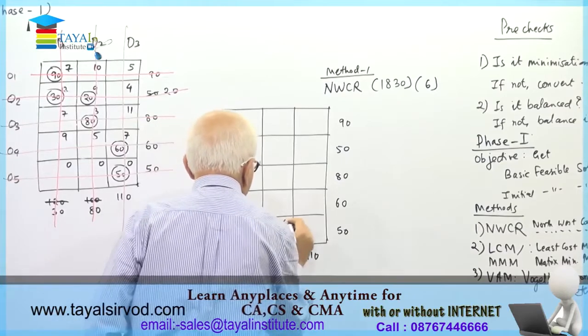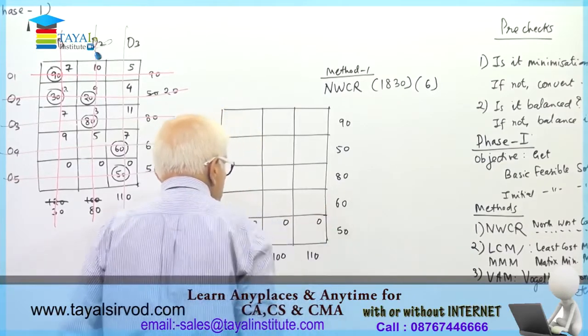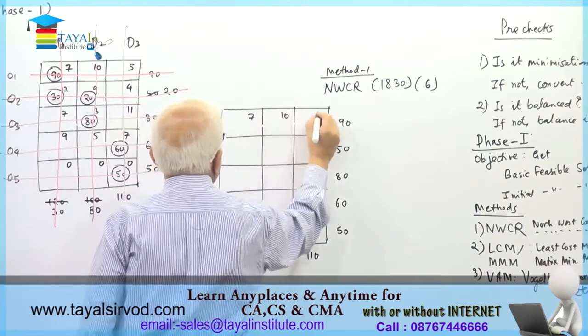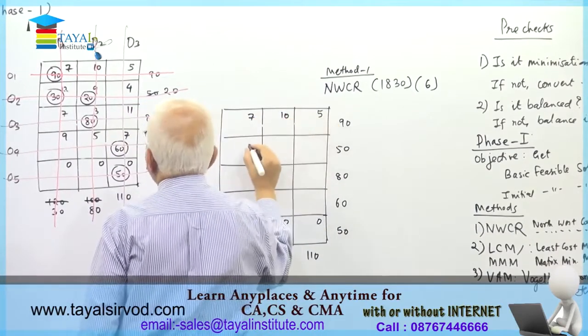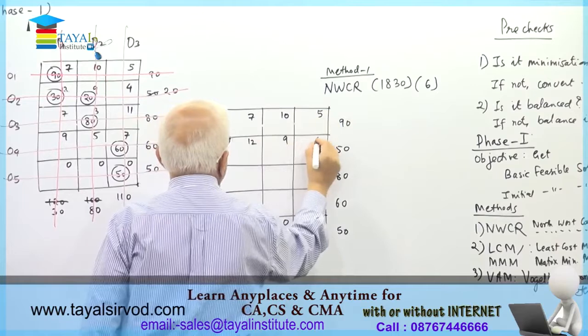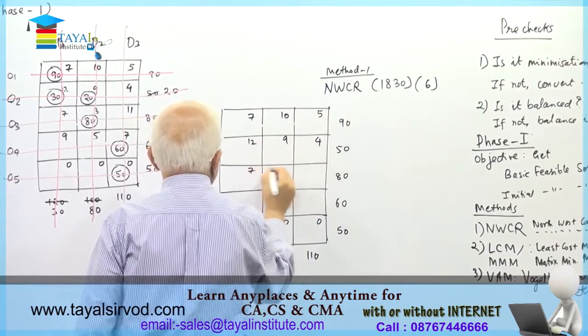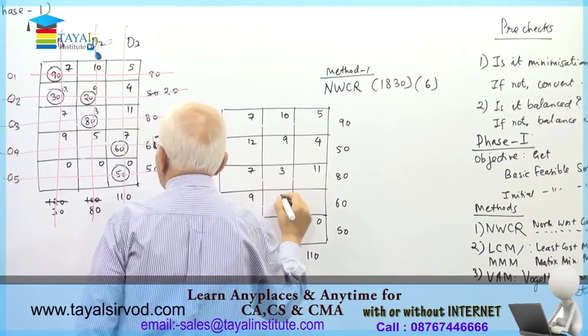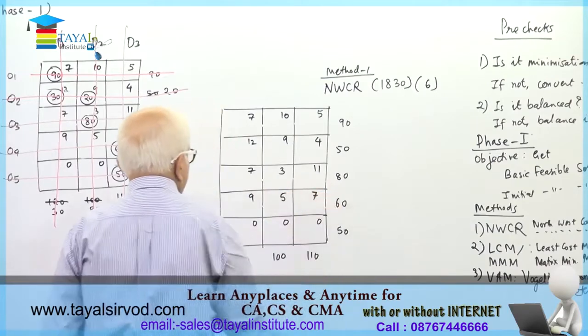This was the balancing row, therefore I know the cost in this row was 0. Now what are the costs? 7, 10, 5, then 12, 9, 4, 7, 3, 11, 9, 5, 7.